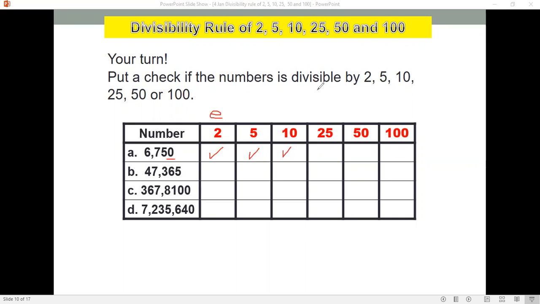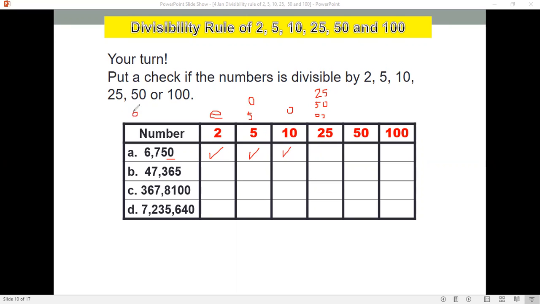Divisible by 25, so I will write it here: 25 must end with 25, 50, 75 or 00. Here only 0, here 0 and 5, and here an even number. You should know already the even numbers, correct?